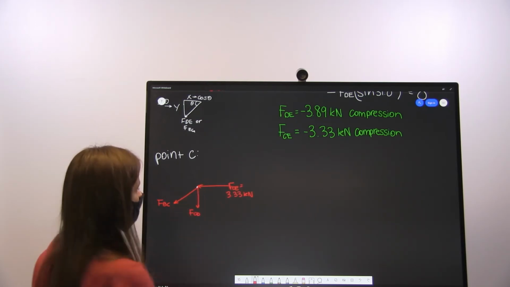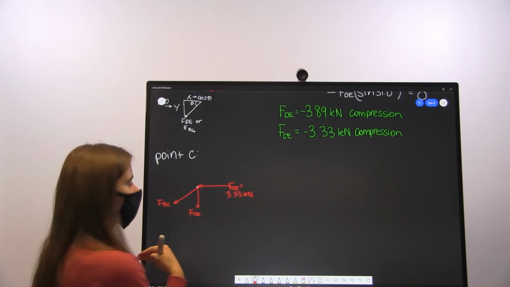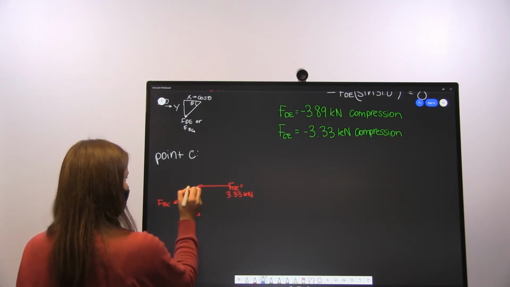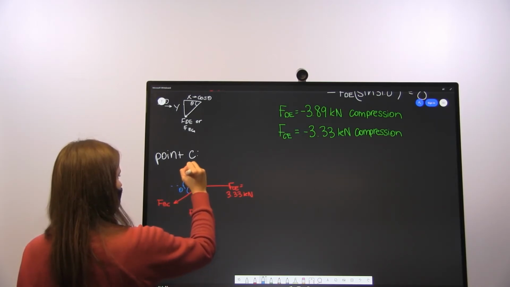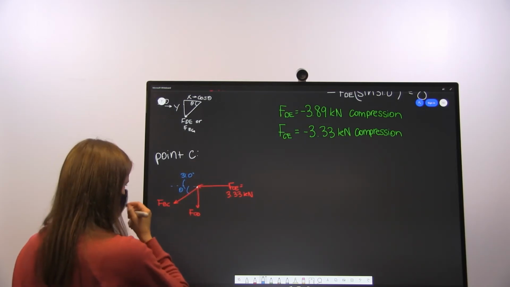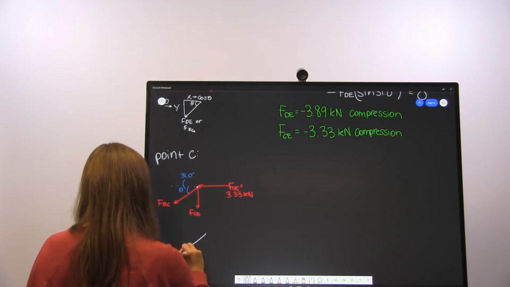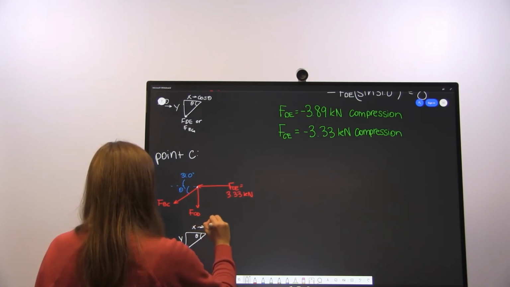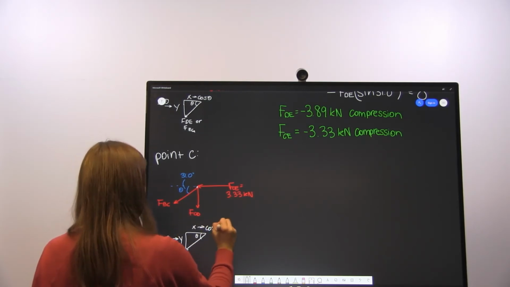And we know it's acting this way. We know it's negative, so that's how we know that it's going to be acting to the left. So it's acting this way. And then same thing here with theta. This is going to be 31.0 degrees. So draw this out, force BC. And then for our x and y components, theta being here, x is going to be cosine, y is going to be sine of theta.